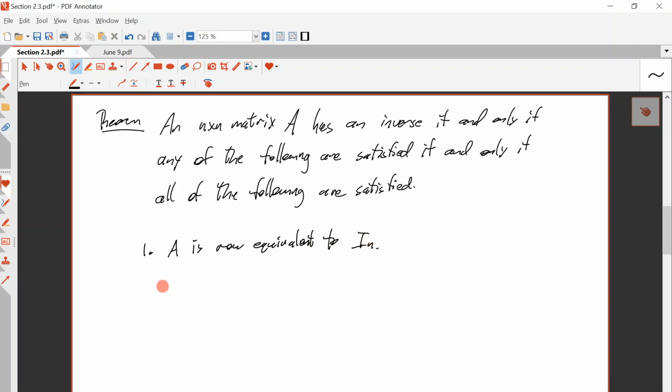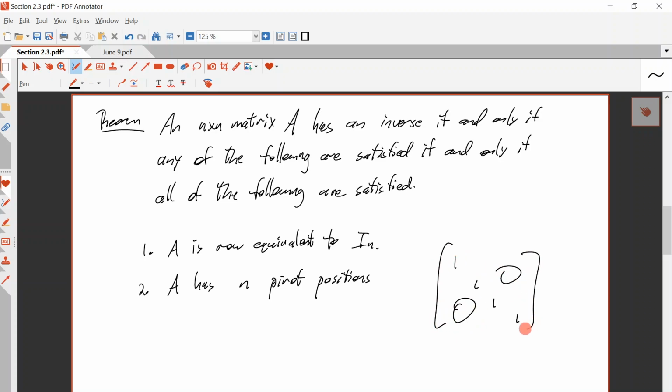to In, right? So that's the one from section 2.2, actually. 2. A has n pivot positions. Well, if A row reduces to In, In has a pivot in every row and every column, so these two are obviously equivalent.